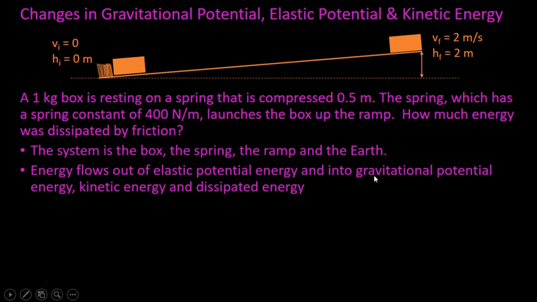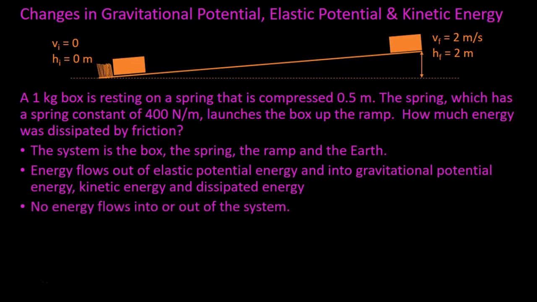There's an increase in the gravitational mechanism because the box is going higher off the ground. There's an increase in the kinetic mechanism because the box went from rest to moving, and there's an increase in the dissipated energy because we have friction. There are no energy flows into or out of the system, so nothing's being transferred.